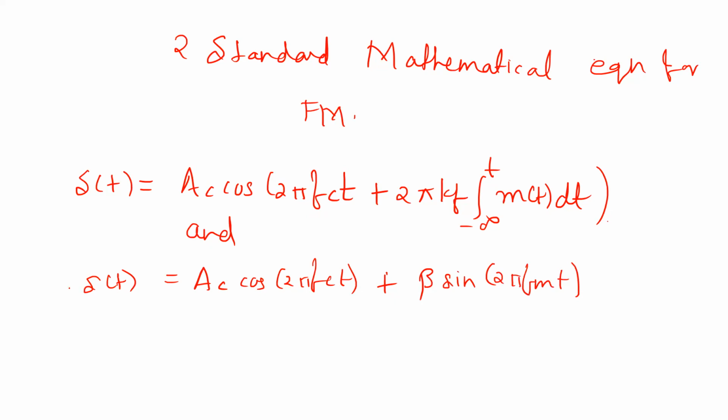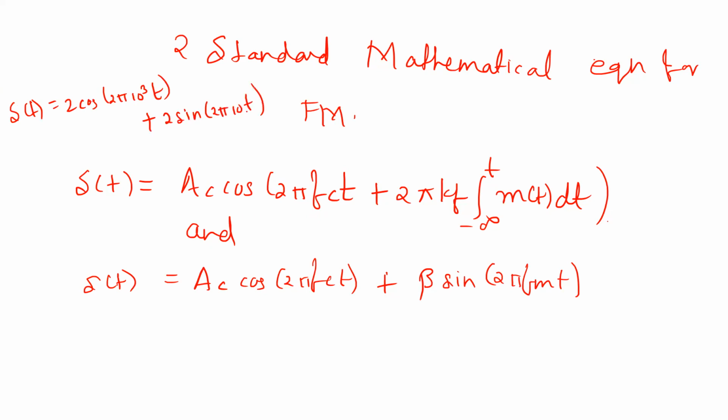Clear? So why you should remember this definition: sometimes in the paper they'll give you just a random mathematical expression, that s of t is equal to 2 cos 2 pi 10 raised to 3t plus 2 sine 2 pi 10t.